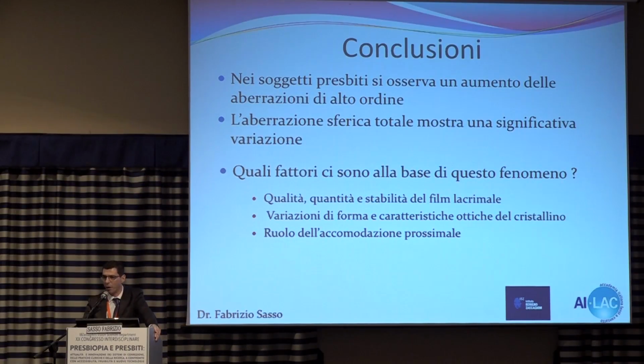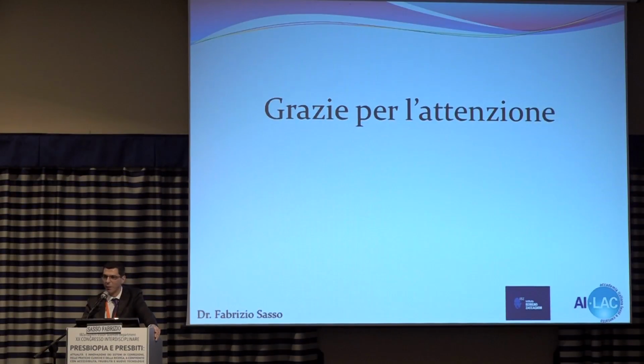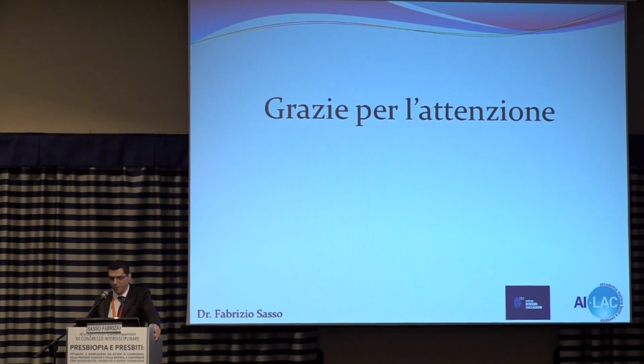And this may justify the negative aberration values found in non-presbyopes, because if accommodation is going on, the anterior curvature of the lens increases significantly, generating more negative total spherical aberration.